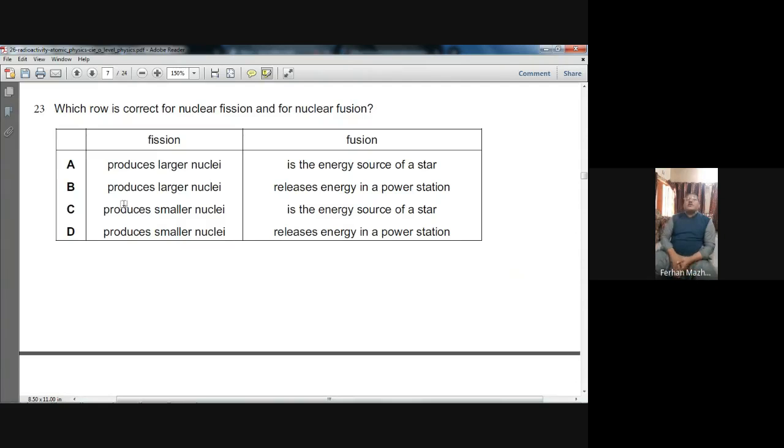And this is happening on the stars, on the sun. This is the energy source of the stars and the sun. So fission produces smaller nuclei, and fusion is the energy source of a star. So the choice is C. Do you understand? Yes, sir. Okay.